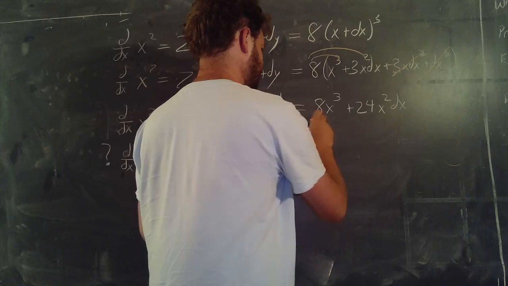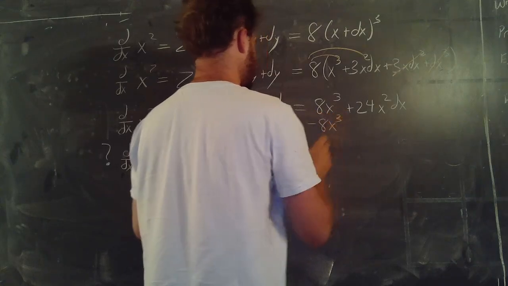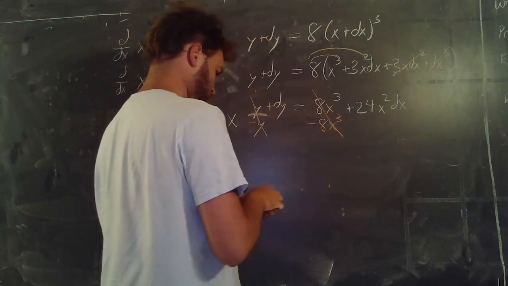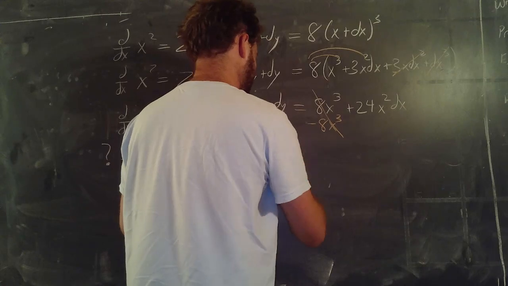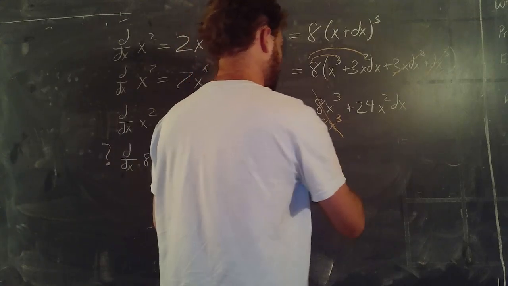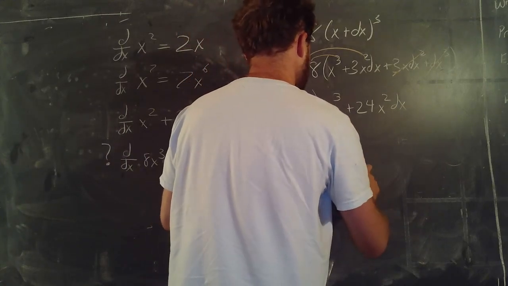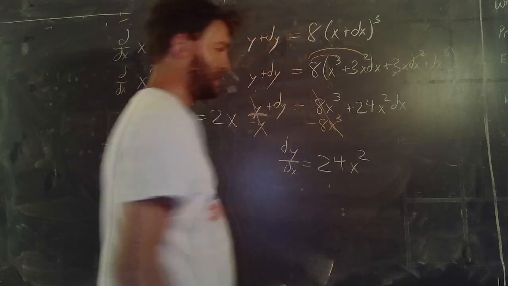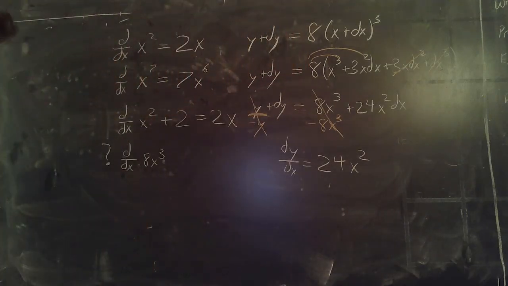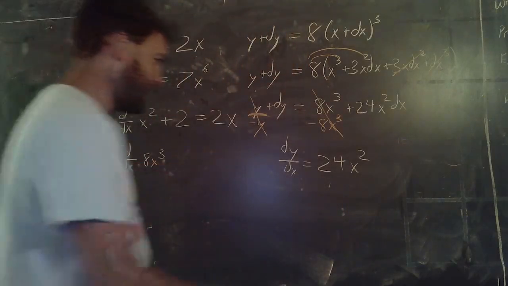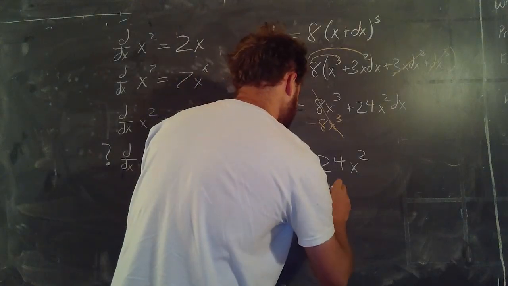That's like subtracting 8x to the third from the right-hand side, and all the normal expected cancellations happen. That leaves us with dy by dx is 24x to the second.